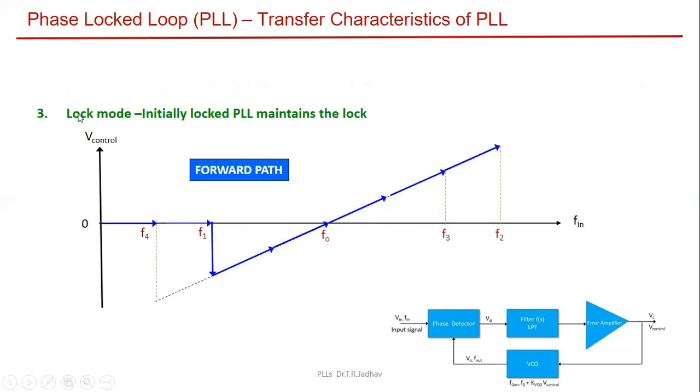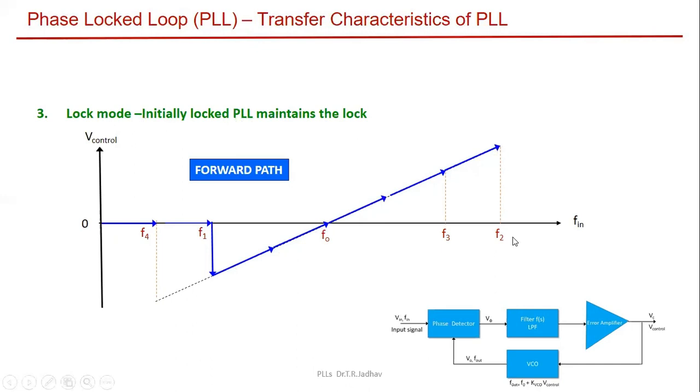So after capture mode there is a lock mode, and we define the lock mode like this: initially locked PLL maintains the lock. Already the PLL has acquired the lock, established the lock. So already it is in the locking condition, but it is not leaving the lock. It is maintaining the lock till the end of this lock mode.